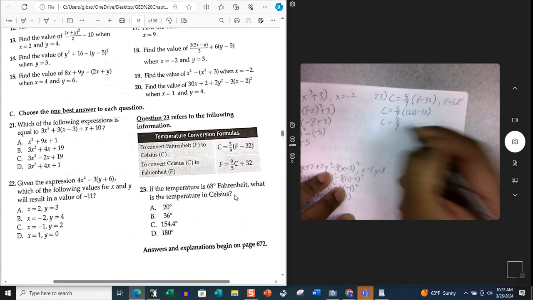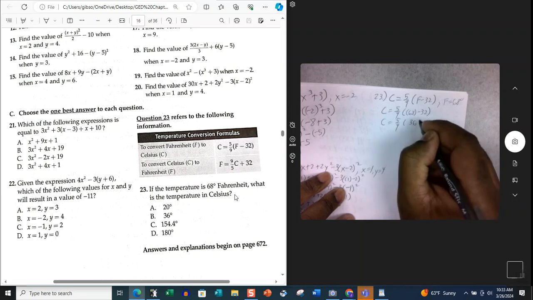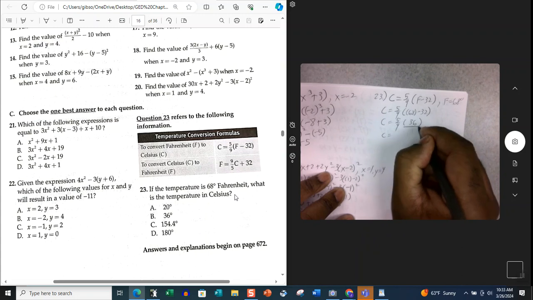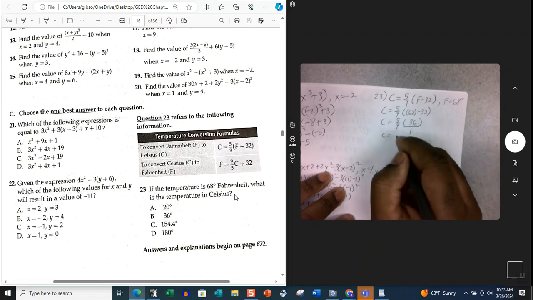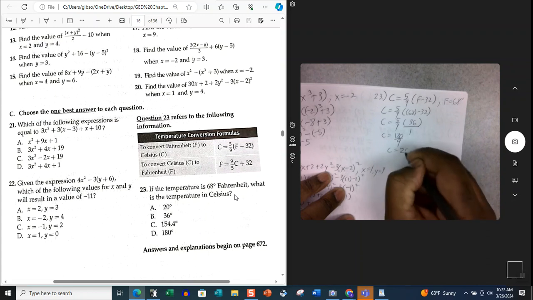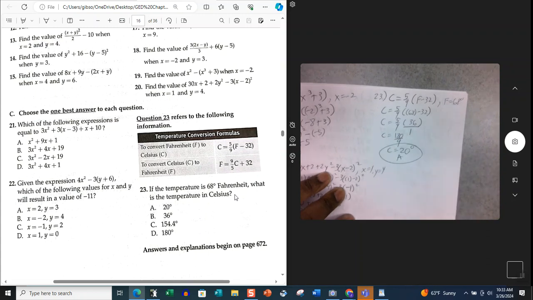So you have 5/9. 68 minus 32 is 36. Okay, so now we'll put a 1 under the 36. 5 times 36 is 180, and 9 times 1 is 9. 180 divided by 9 is 20. So it's 20 degrees, which is A.